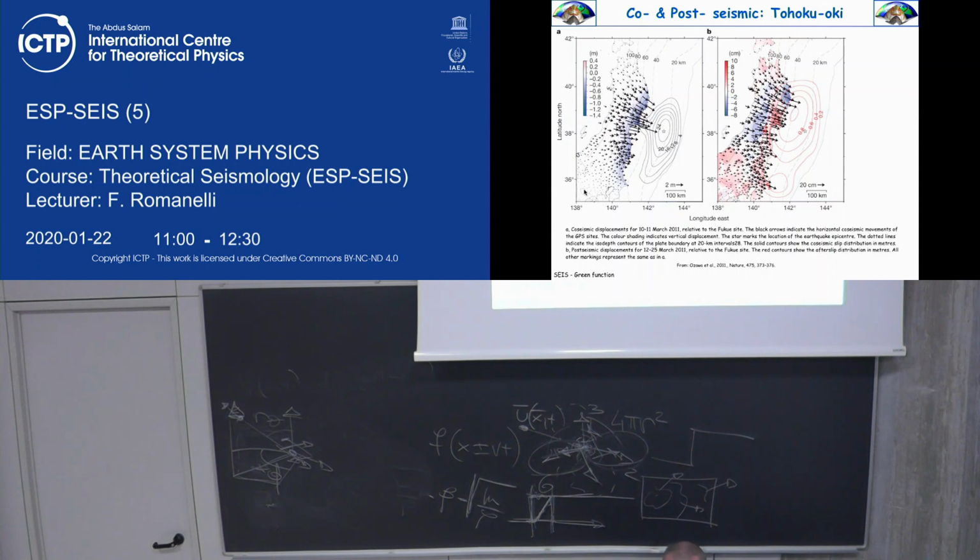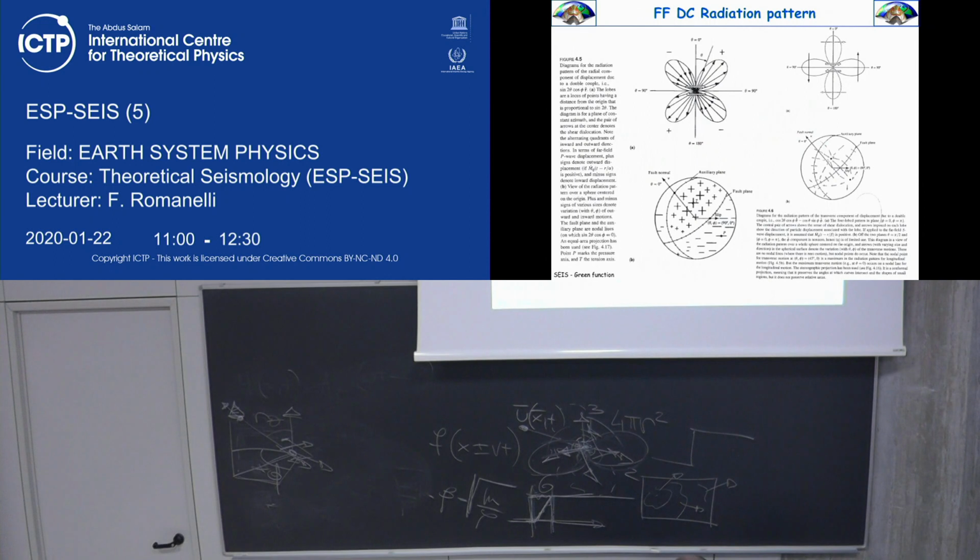End of the story. There you can record just far field, and you have the beautiful wave functions that we have seen. They are transients. Okay? So, co and post-seismic, and the final classical old picture, this is coming from the first edition of Aki and Richards.